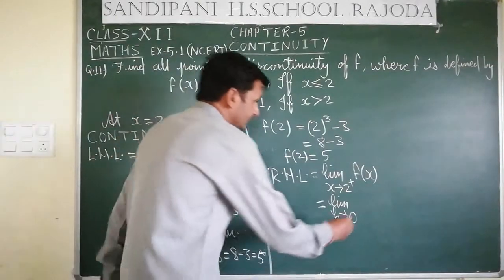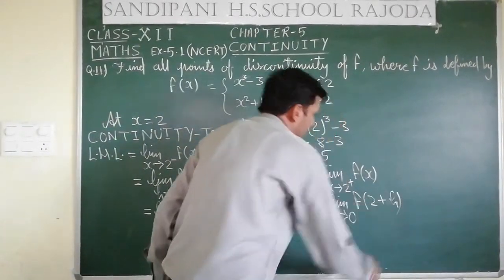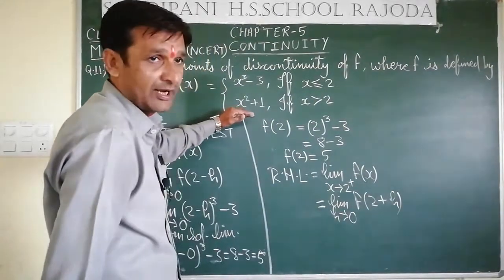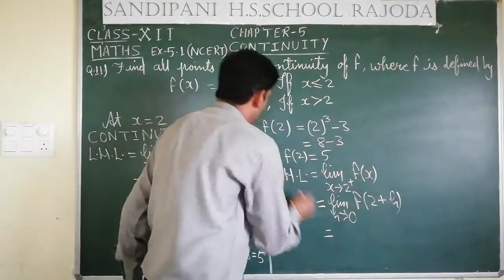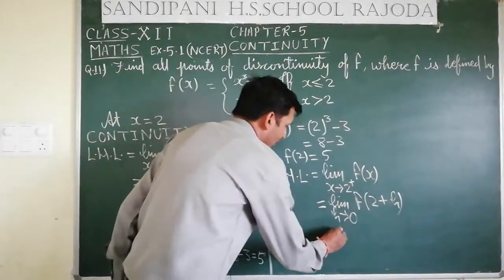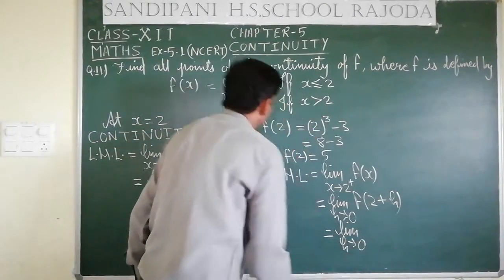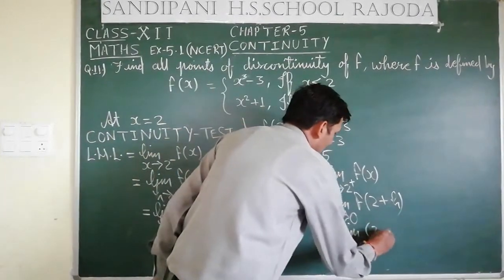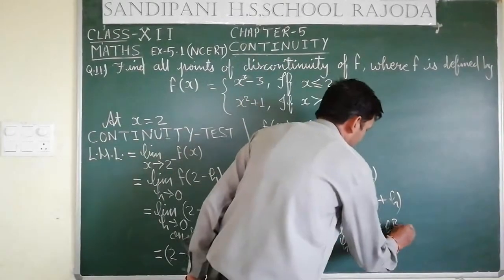So first of all we write f of 2 plus h. In place of x I am putting 2 plus h in this part of the function, which is x square plus 1. So limit h tends to 0 of 2 plus h whole square plus 1.